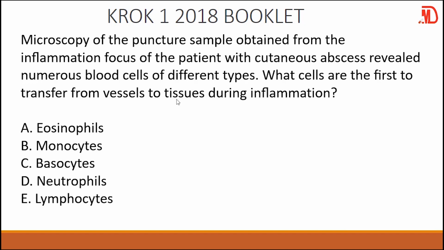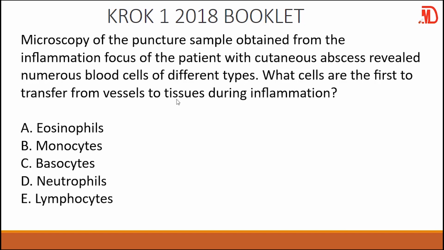Microscopy of the puncture sample obtained from inflammatory focus of the patient with cutaneous abscess revealed numerous blood cells of different types. What cells are the first to transfer from vessels to tissues during inflammation?